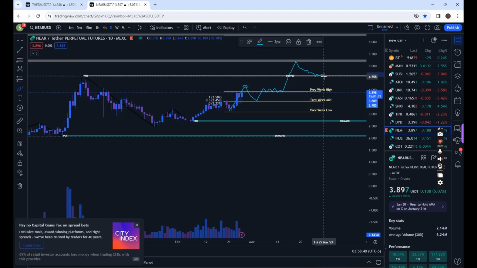And then we're probably going to see a bit more sideways movement around here, and then a pop off again.